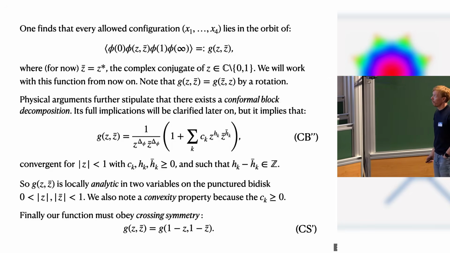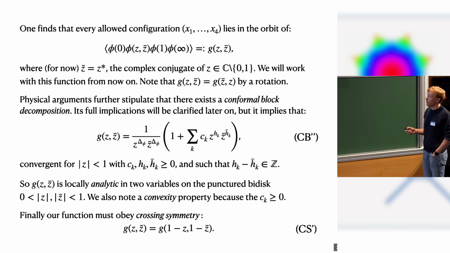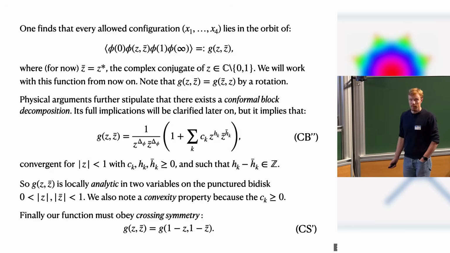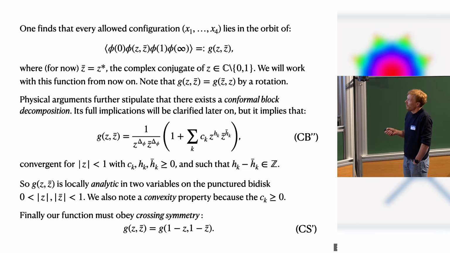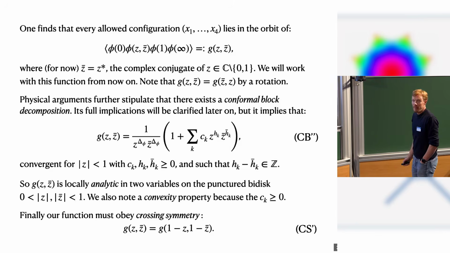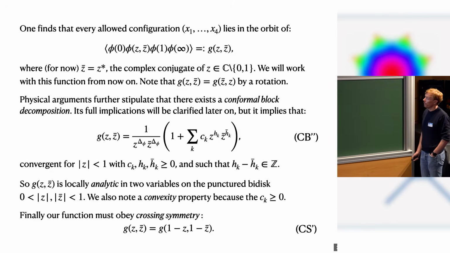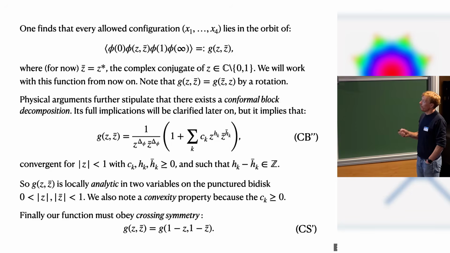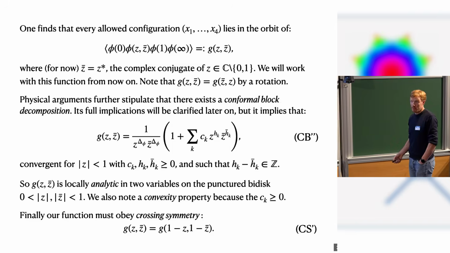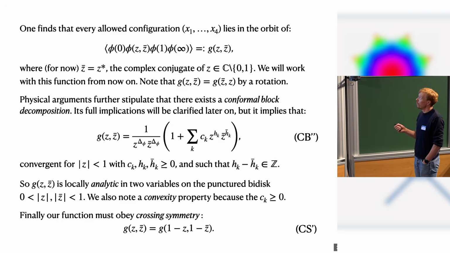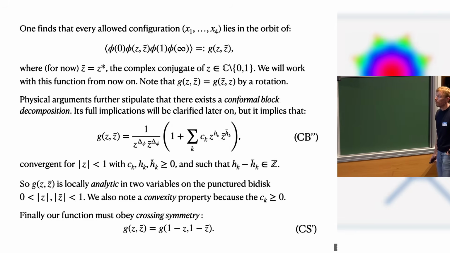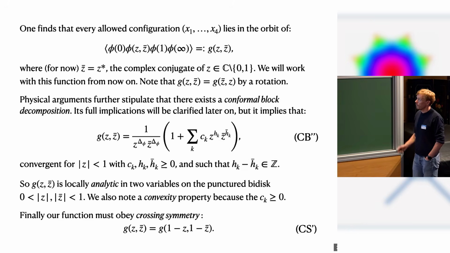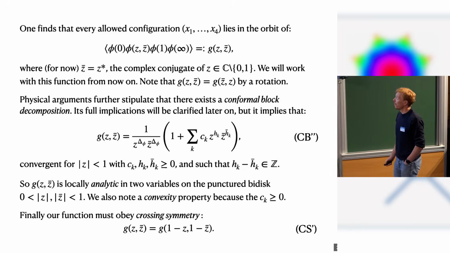For now, let's say that z bar is the complex conjugate of z, and we'll later take z and z bar complex and independent. That's the function we will work on from now on. We don't need these 4 variables in R^d, we just need these 2 variables, z and z bar. And it's easy to see that this function is symmetric in its arguments.